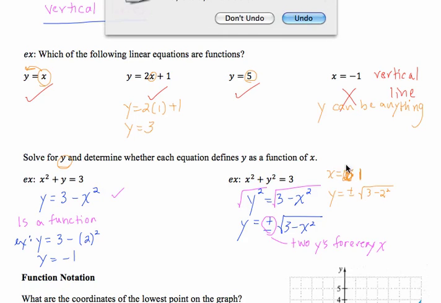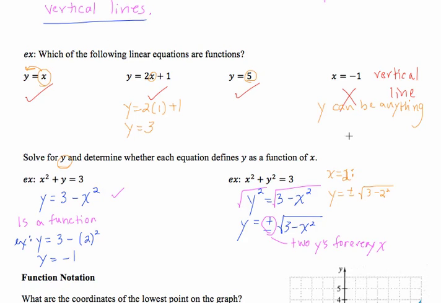Sorry about that. Okay. So y equals plus or minus the square root of 3 minus 1 squared, which is 2. So when x is 1, y could be positive or negative radical 2. So there's 2 y's there for that single x value. So this is not a function.